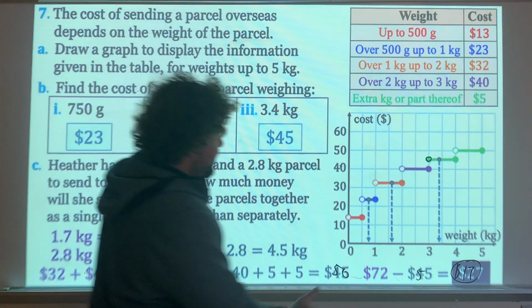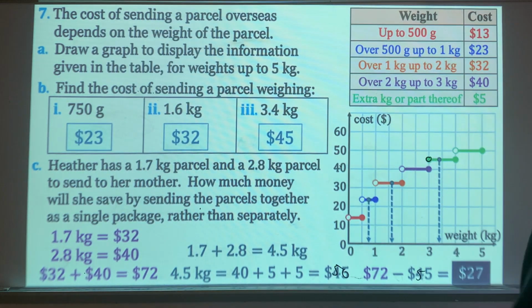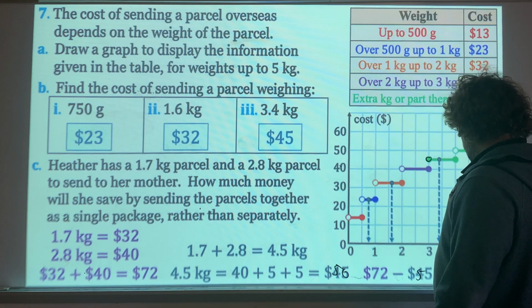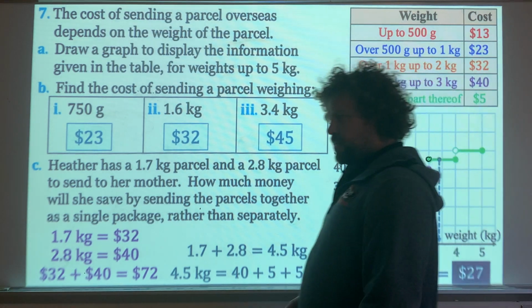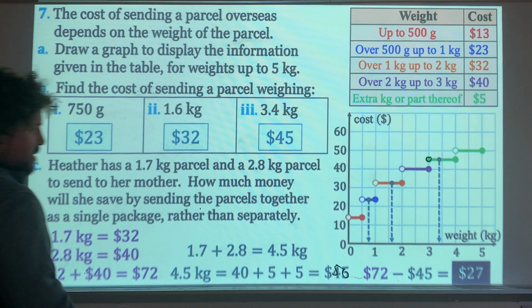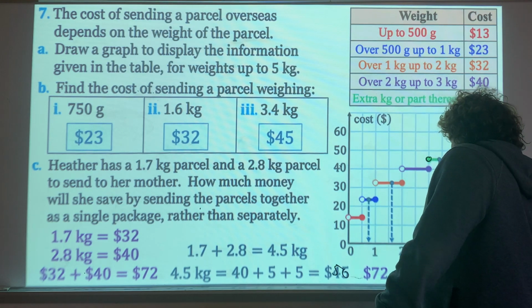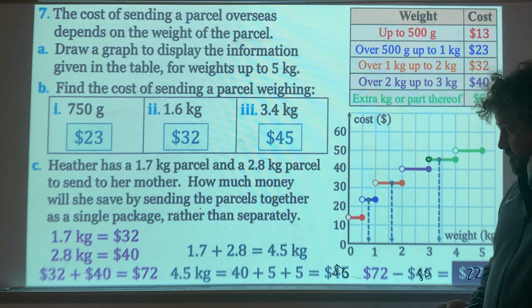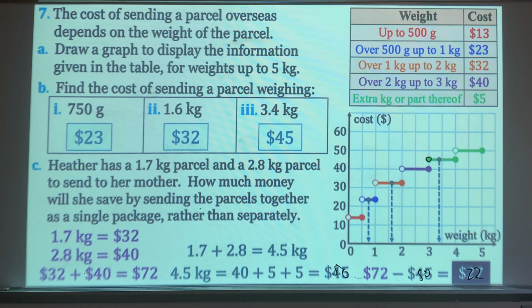Magically got the right answer, even though my math was wrong. 27. Not 27, it should be 17. 50, wait, 72 minus 50 should be 22. I should say 22. I was off everywhere. Should say 72 minus 50 is 22. All right. Oh, see, everyone makes mistakes.